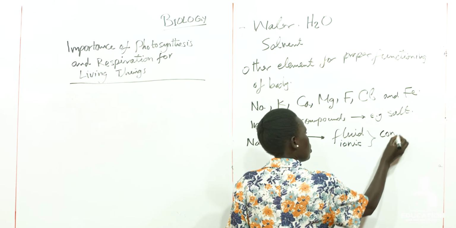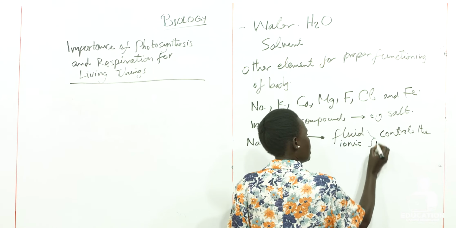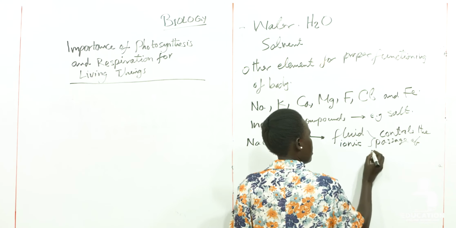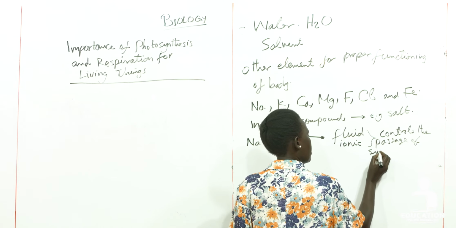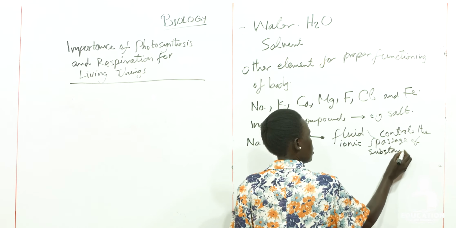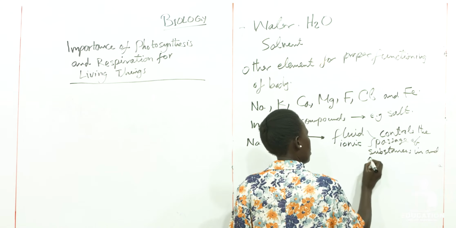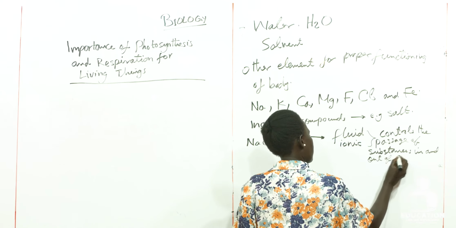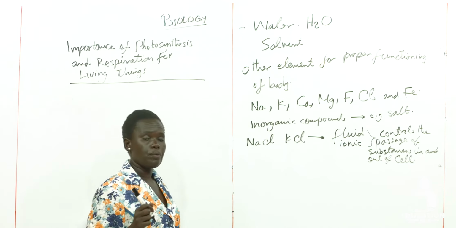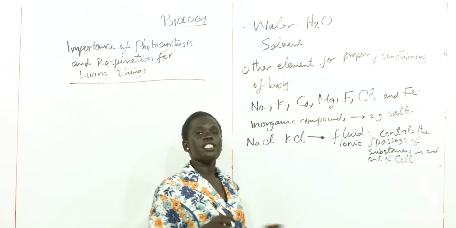It controls the passage of substances, water and other substances, in and out of the cell. An example of ionic fluid in the cell is cytoplasm.